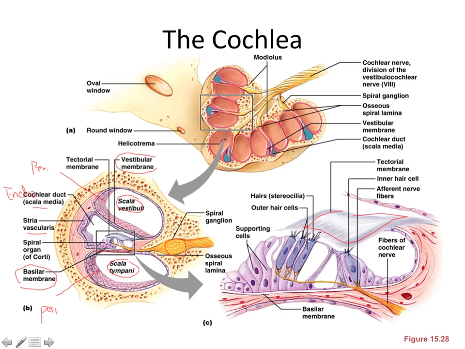The hair is directly attached to the tectorial membrane. Here are the outer hair cells, and the hair cells are innervated by the spiral ganglion of the cochlear nerve.